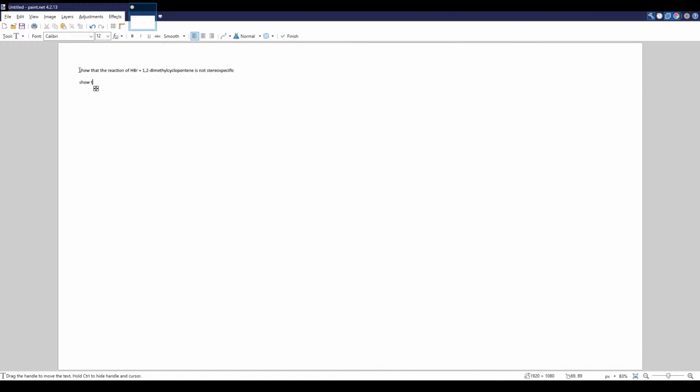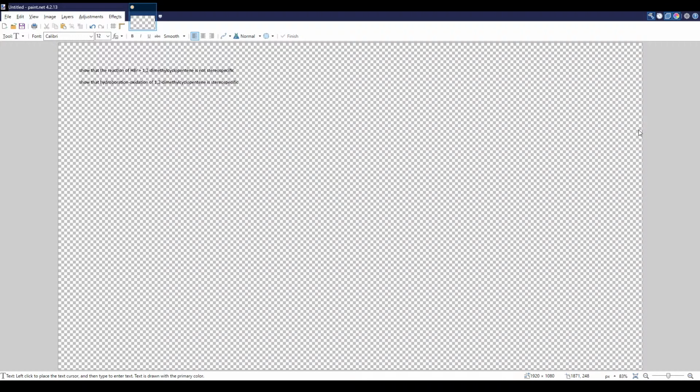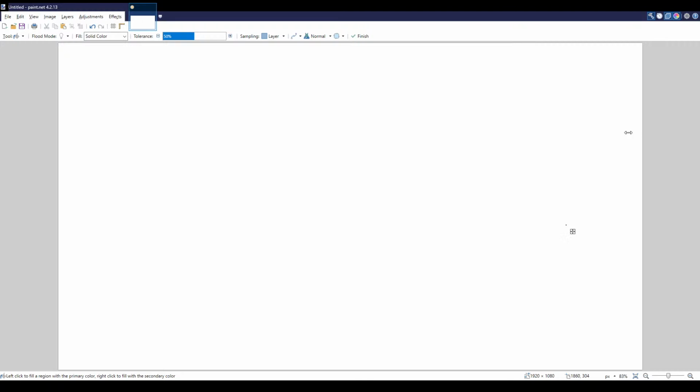And we also have to show that hydroboration oxidation of 1,2-dimethyl cyclopentene is stereospecific. Okay. Let's do that. Oh, no, my background. Okay, cool. Nice.